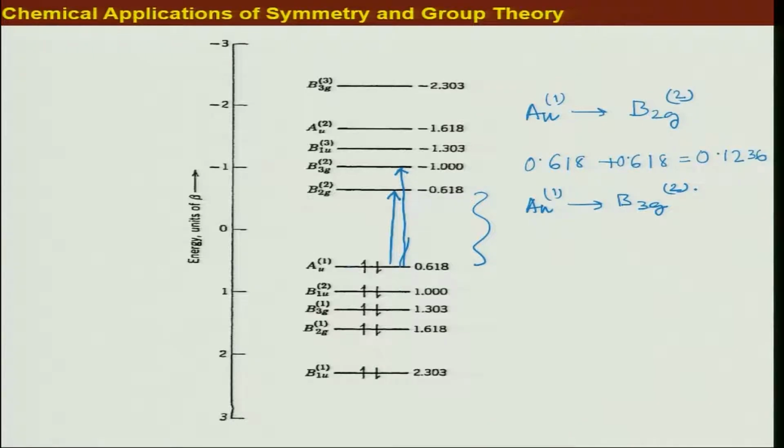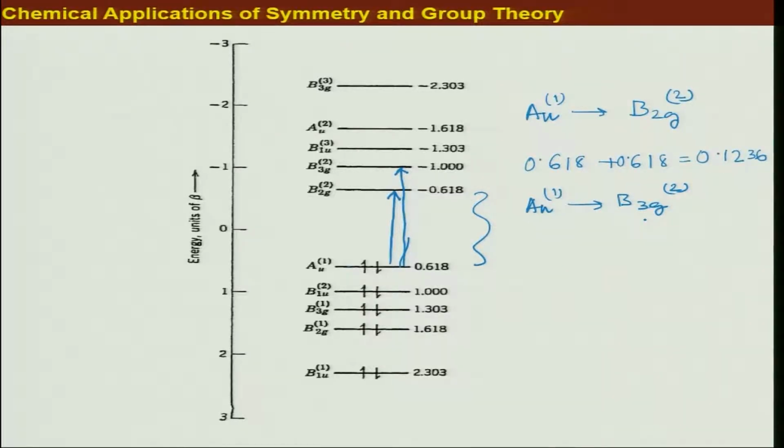And just note one thing, that I am calling these orbitals because they are orbitals. They are the SALCs that we formed out of the atomic p pi orbitals. All right. So this AU or B3G that we are writing right now does not give me the electronic state. Okay, so make it clear.